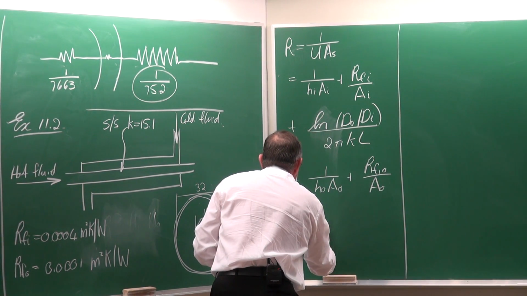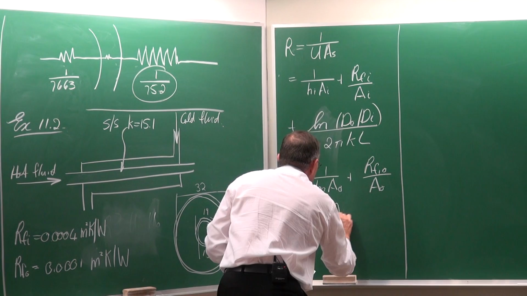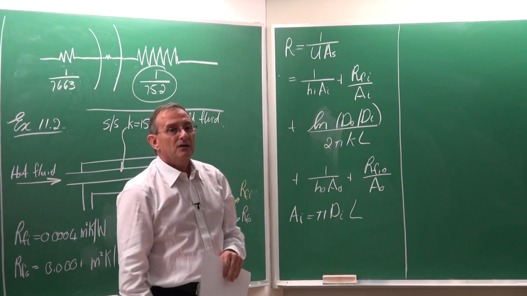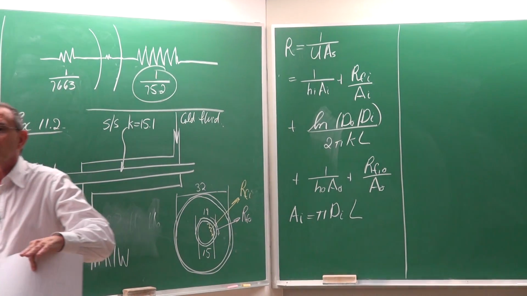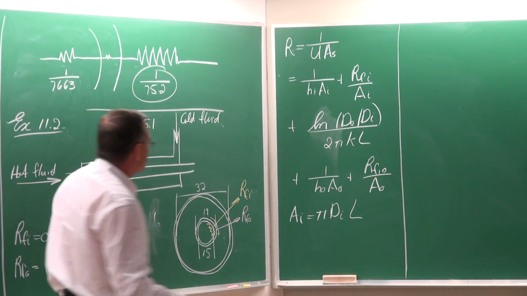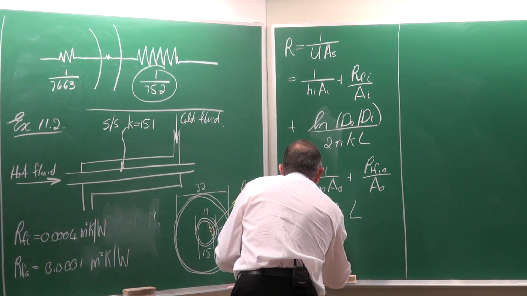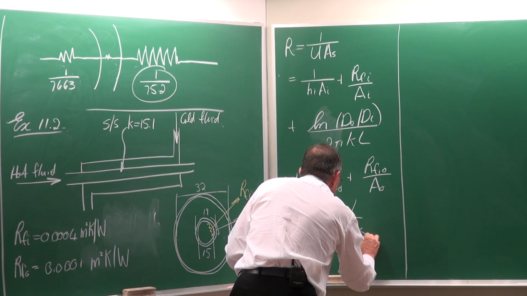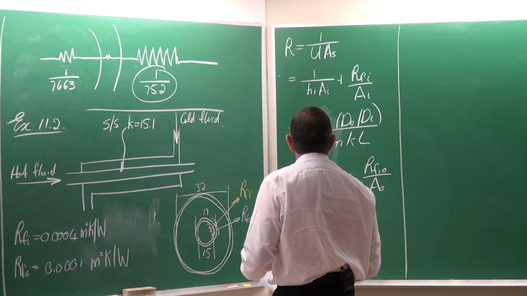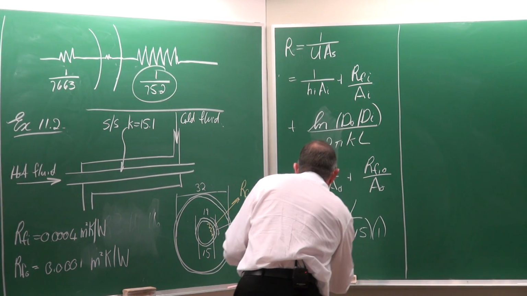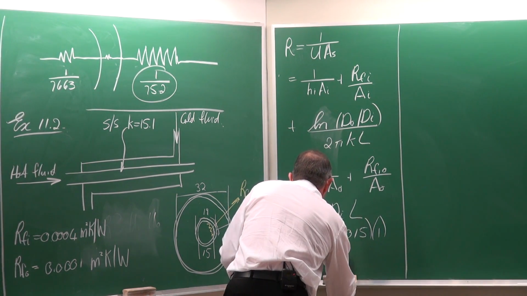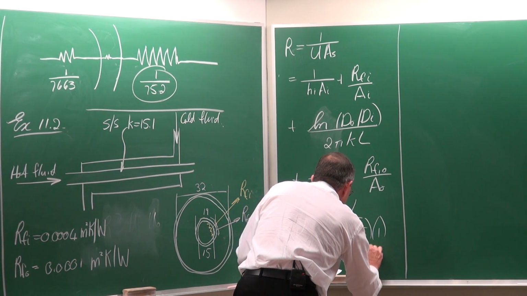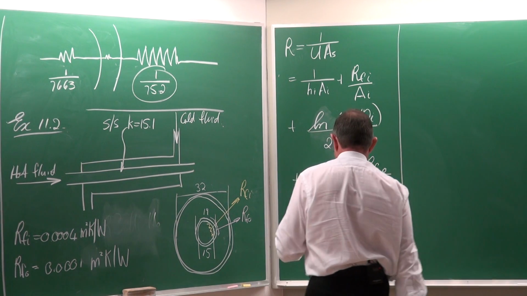The area on the inside is equal to pi multiplied by the inside diameter multiplied by the length. They didn't give us the length, but we just use 1 meter. So the area is equal to pi multiplied by the inner diameter, 0.015, multiplied by the length of 1, and that would give us an inside area of 0.0471 square meters.